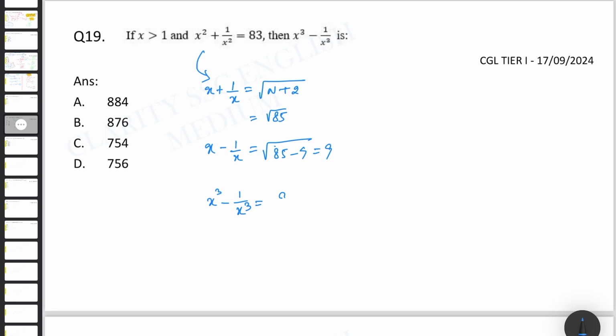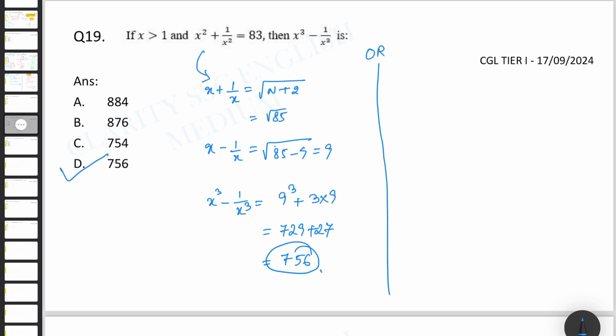This is nothing but 9 cubed plus 3 into 9, that means 27. What is 9 cubed? 729 plus 27. So the value of this is 756, the correct answer. Option D is the correct answer. First find the value of x minus 1 by x, then x cubed minus 1 by x cubed.